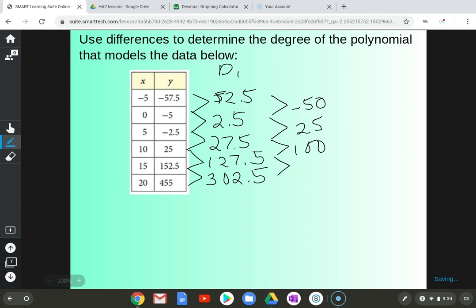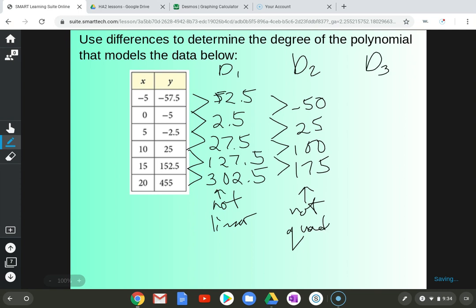And here, 302.5 minus 127.5, that would be 175. Okay. All right, so D2, not correct. So not linear, not quadratic.